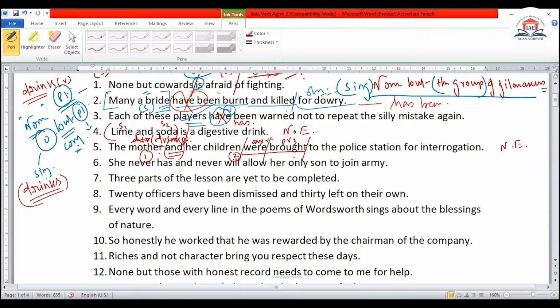Now, she never has and never will allow her only son to join army. This is a beautiful question. You will have to depend more on your intellect than on grammatical know-how.